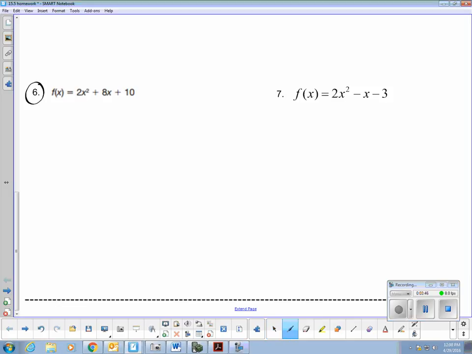Number 6, to find the roots of this equation, I'm going to use the quadratic formula.